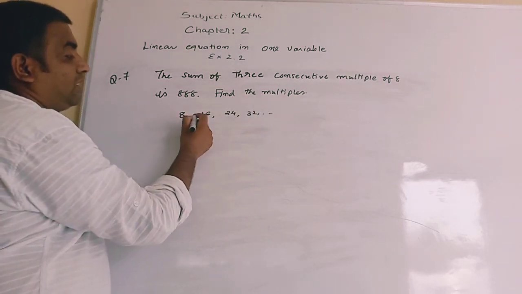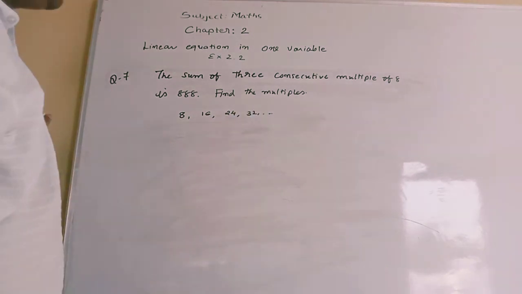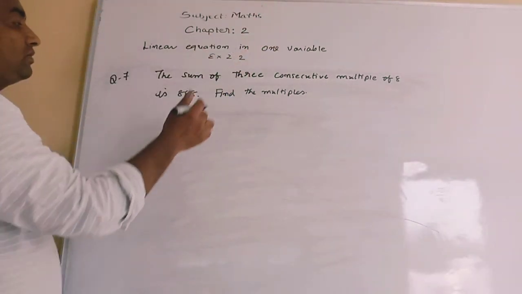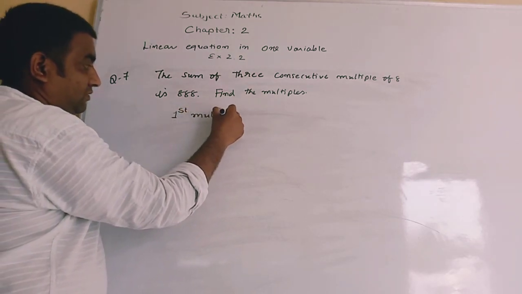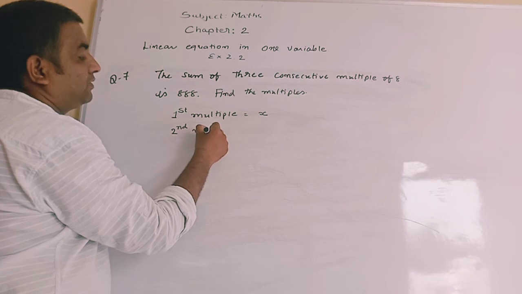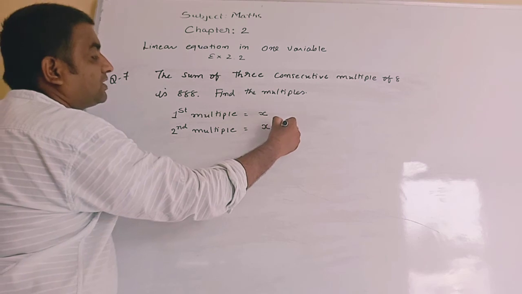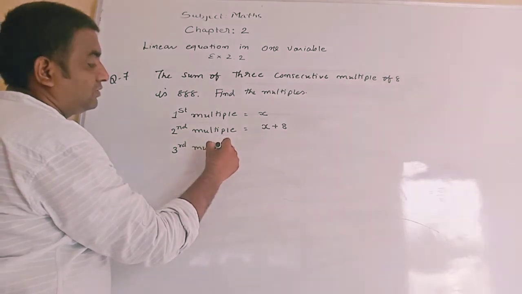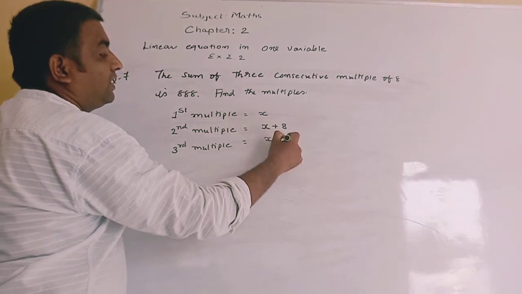So here each multiple increases by 8, and so first multiple we don't know, so we take x. Then second multiple will be increased by 8, that means x plus 8. And third multiple will again increase by 8, so x plus 8 plus 8 means x plus 16.